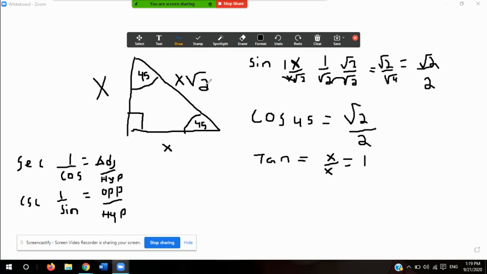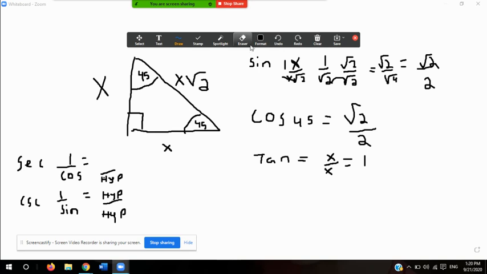Now, I wrote it backwards, excuse me. Let me fix this. It's supposed to be hypotenuse over opposite. I just realized I made that mistake and I could have created a lot of confusion.